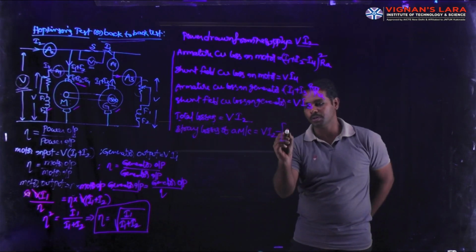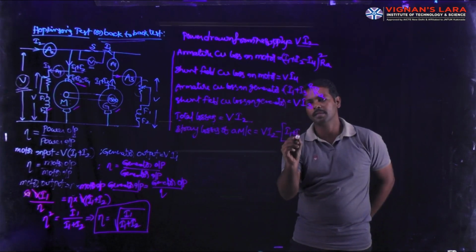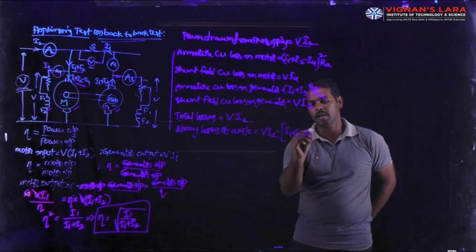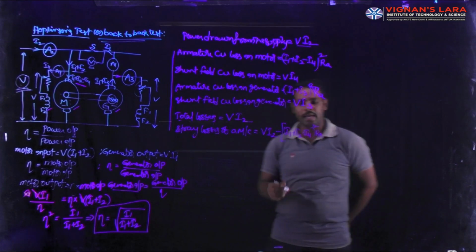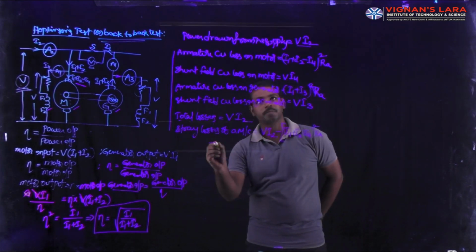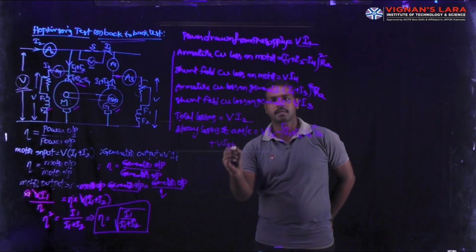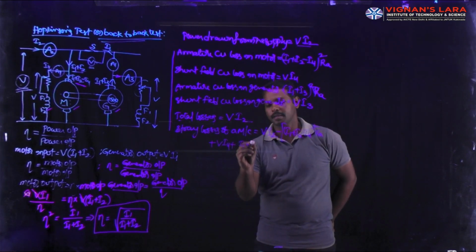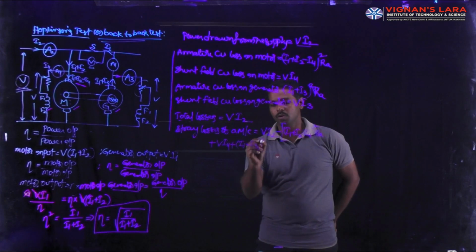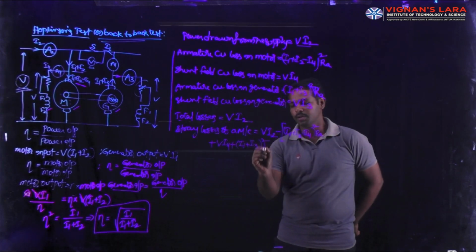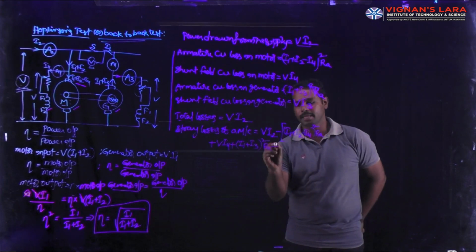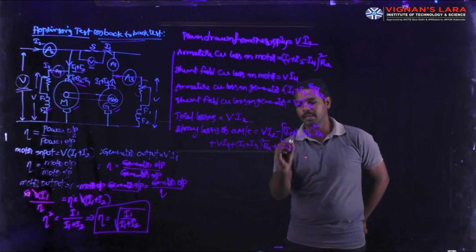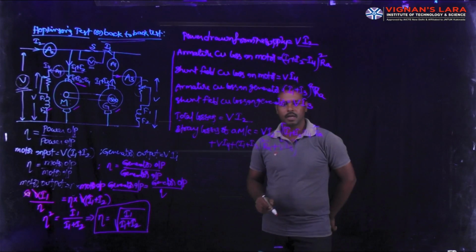So which is equal to (I1 plus I2 minus I4) whole square into RA plus V into I4, plus (I1 plus I3) whole square into RA plus V into I3.